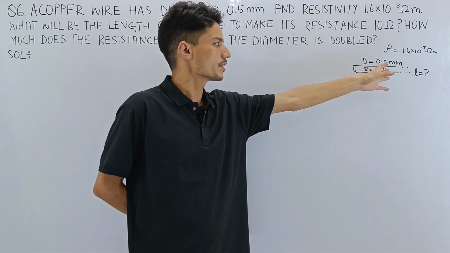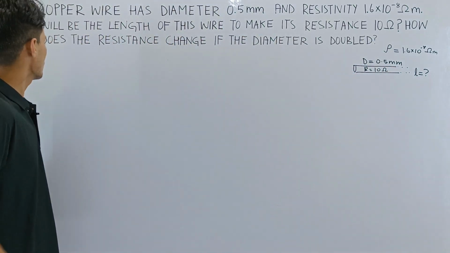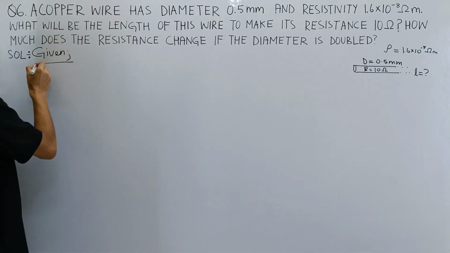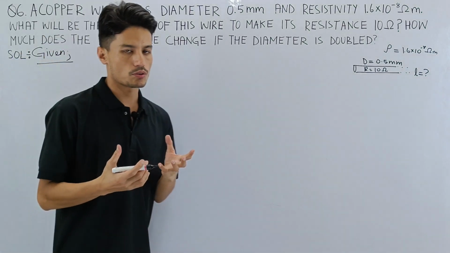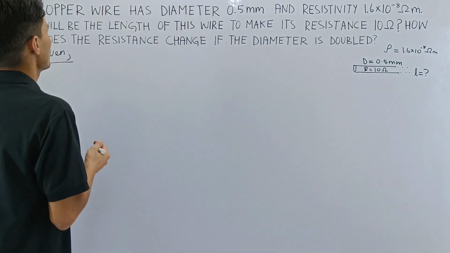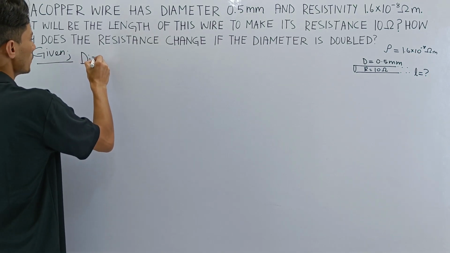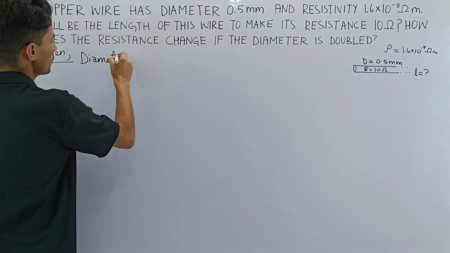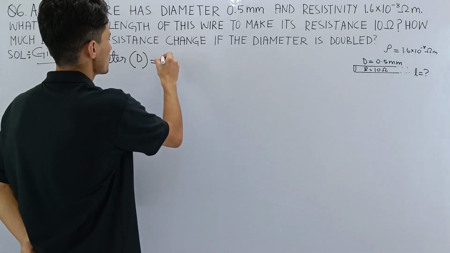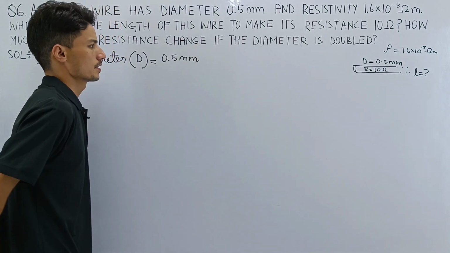Whatever we have written here, we can always write down in the answer as given. So let's start now. You write given, and in the given, whatever you have understood or extracted, you can write it here. Diameter is given to you. Diameter is capital D, and it's 0.5 millimeters.